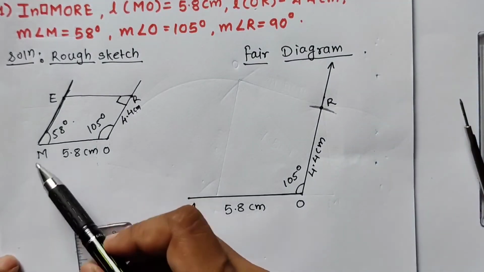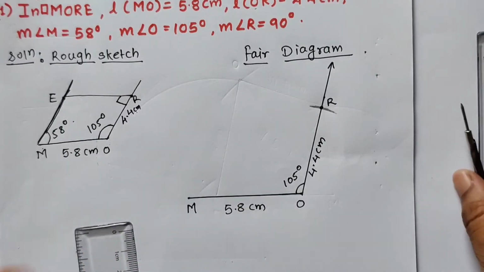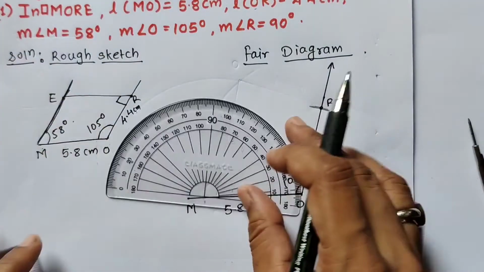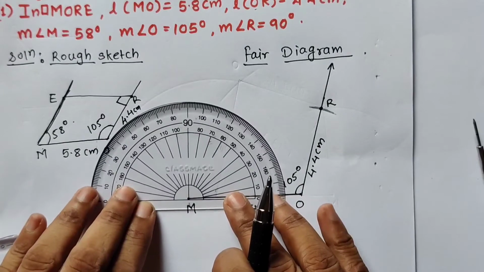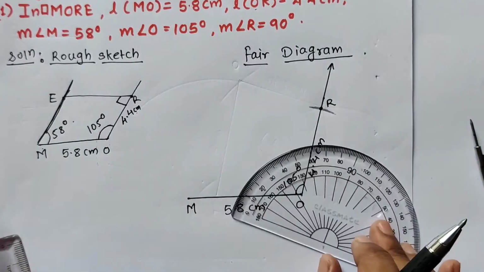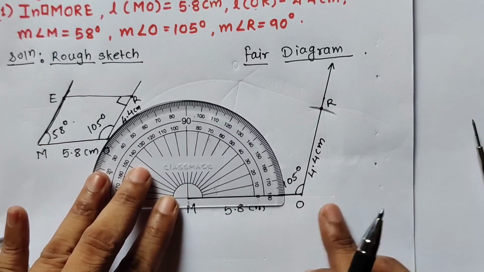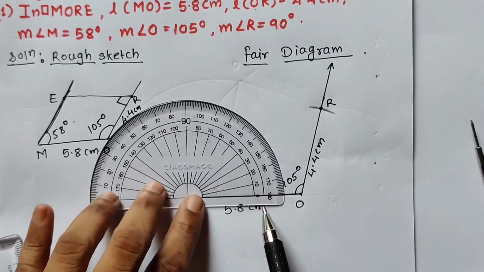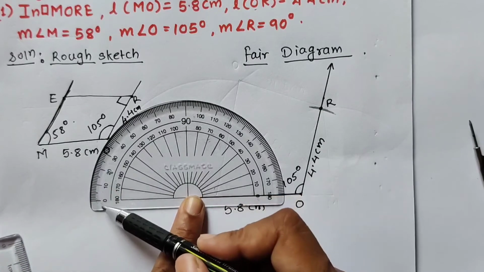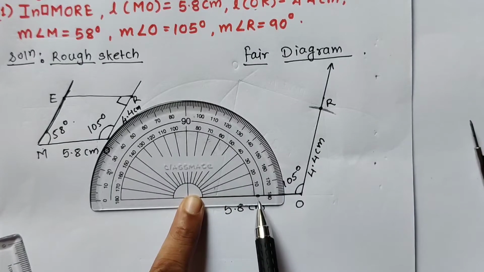Now we are going to draw a ray of 58 degree from point M. So we have to place our protractor on point M. Now our segment is on the right hand side. Segment is not on the left hand side. From M it is on the right hand side. So we start counting from the 0 of right hand side, from this 0. Okay, we do not start counting from this 0 now. This is wrong. We have to start from this 0.